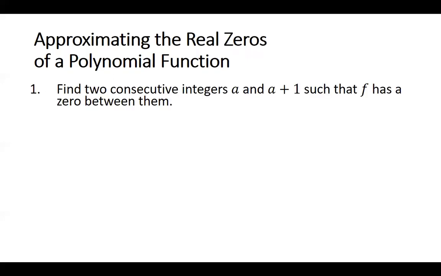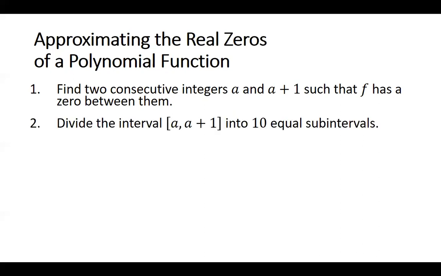Well, how we can do that, first find two consecutive integers a and a plus 1 such that f has a 0 between them. So we did that there, right? We had 0 and 1. We showed that there was a 0 between them. Divide the interval into 10 equal subintervals. So you're just going to break that up so that 0 to 1 would become 0 to 0.1 to 0.2 to 0.3 to 0.4 to 0.5 to 0.6 to 0.7, 0.8, 0.9, 1, right?